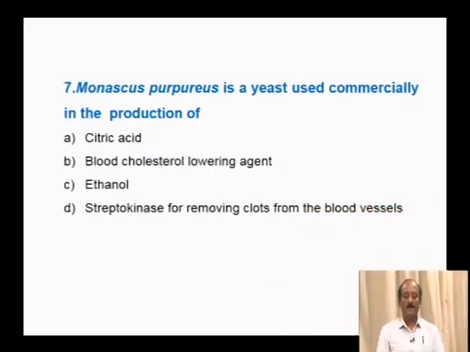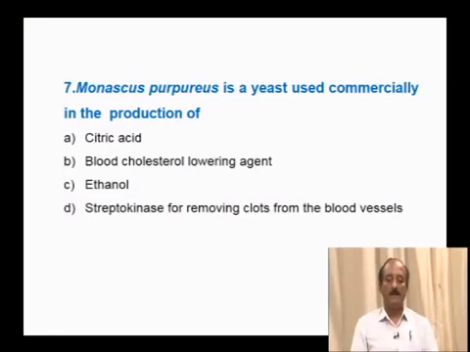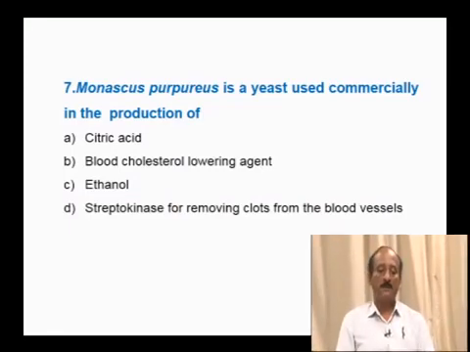Monascus purpureus is a yeast used commercially in the production of citric acid, blood cholesterol lowering agent, ethanol, streptokinase for removing clots from the blood vessels. You know that citric acid is an organic acid obtained from Aspergillus niger.